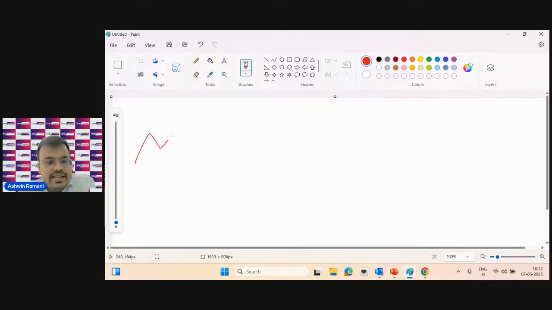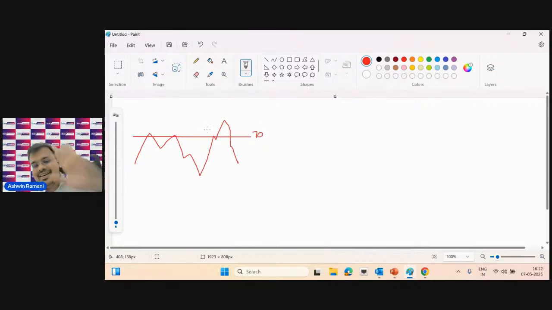So for example, let's say this is your RSI and this is your 70 level, and the moment the RSI goes above 70, it indicates overbought. Yeah, you can use either of them, but the indicator that we are using, Smriti ji, is your RSI here.